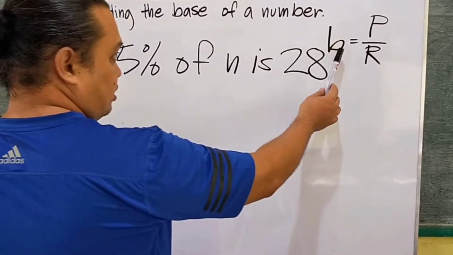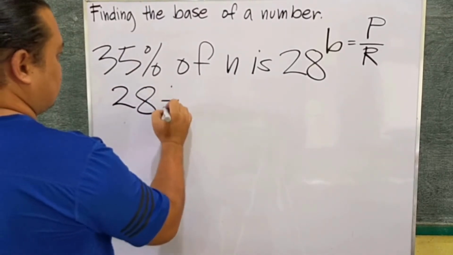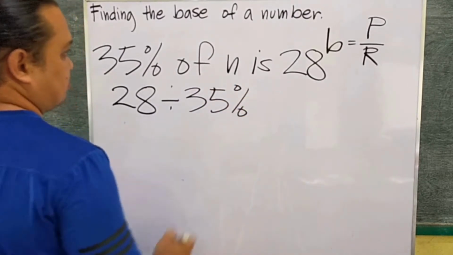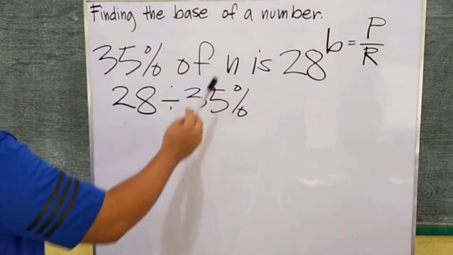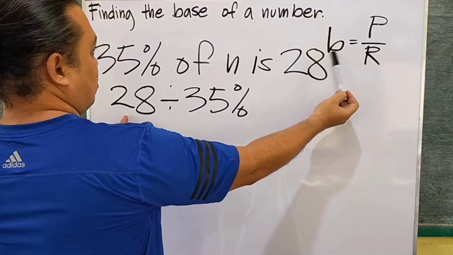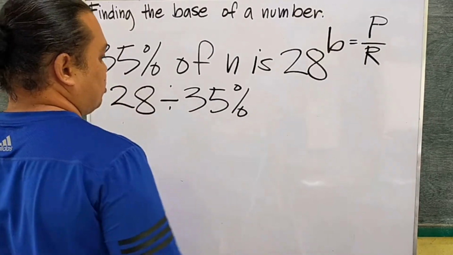So again, we are looking for the base. To solve this, let's just divide the percentage by its rate, which is 35%, to get our base. So percentage, that is 58, divided by rate, that is 35%.